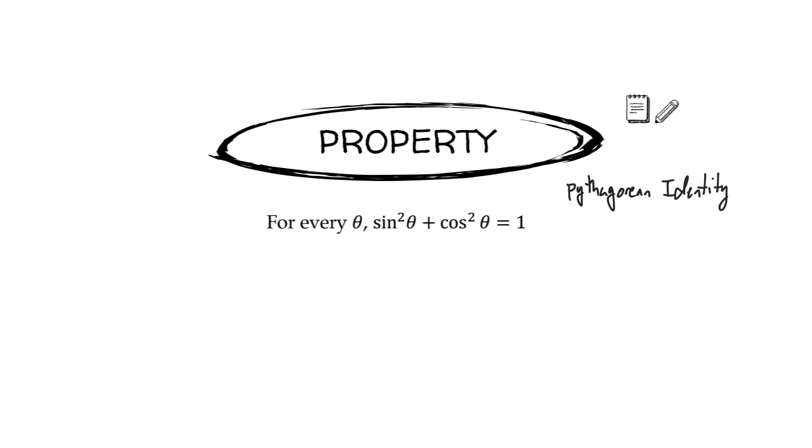So using this property to solve the same problem, all I'd have to do is plug in 3/5, the known cosine value, and square it, and then subtract it from 1, and I would have sine squared of theta. So sine squared of theta here would be 1 minus 9/25, or sine squared is equal to 16/25.